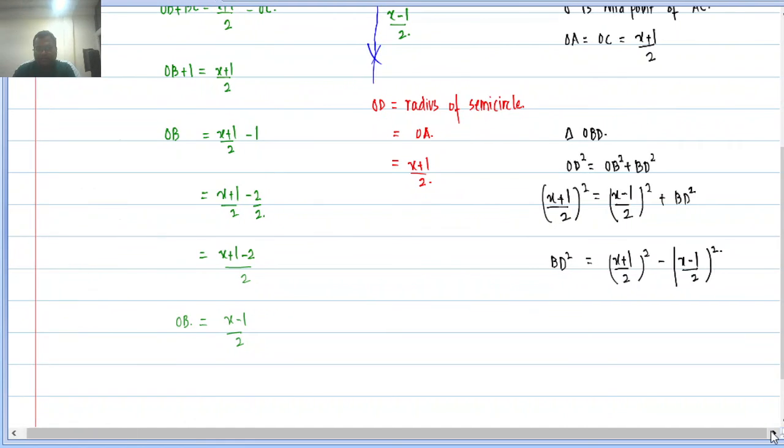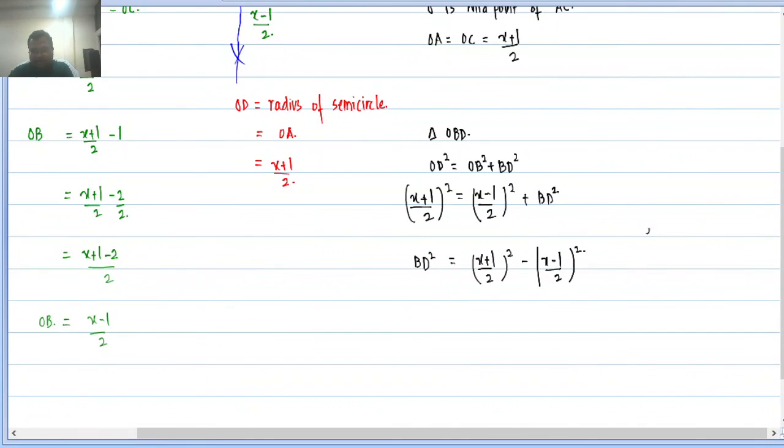And here I will apply the identity which I explained in the previous slide. A square minus B square is A plus B into A minus B. So what is A? A is this. And what is B? B is this.